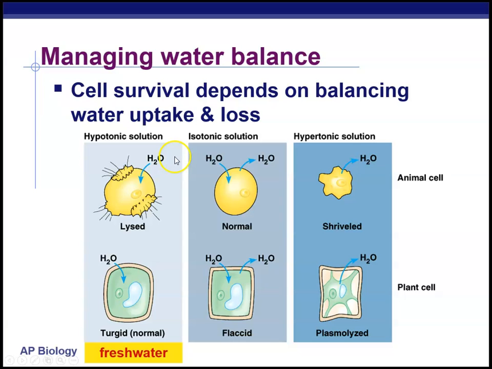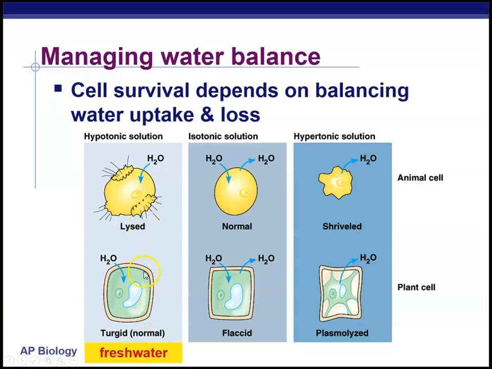And because water likes to move from more water to less, water is going to move into that cell because that cell has different solutes dissolved inside of it. So water moves inside, and then it ends up bursting, which means it lysed. Remember that prefix lyse, like Lysol and lysosome? It means it broke it.